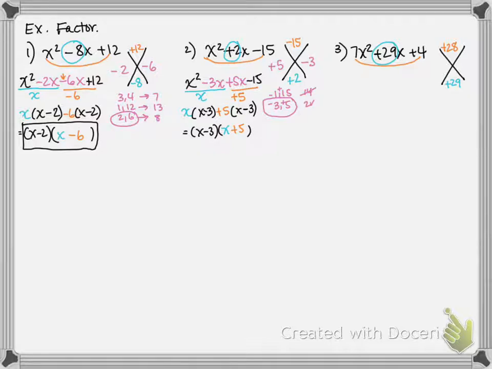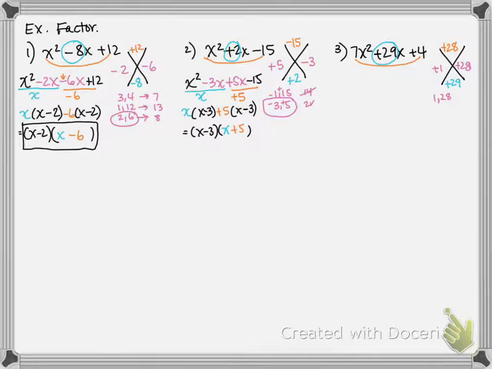Well, we're only going to consider one case, because 1 plus 28 will give me 29. None of the others will give me that. So we have positive 1 and a positive 28. It does not matter the order of these factors that you put into the x, okay?